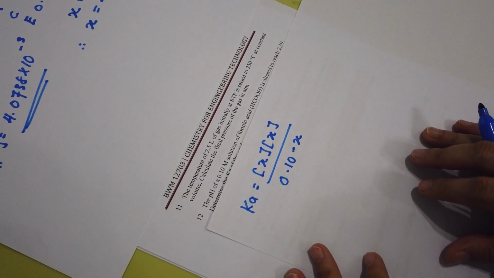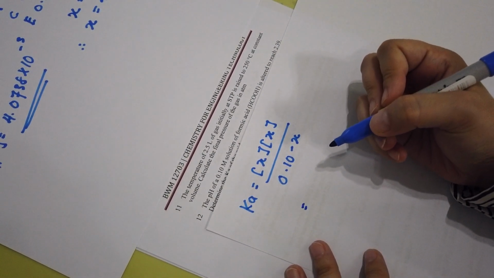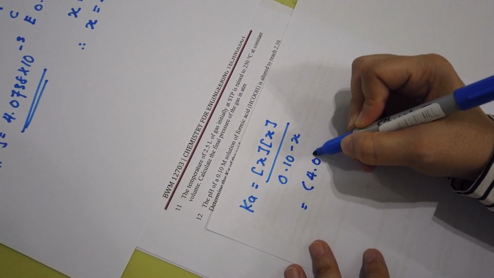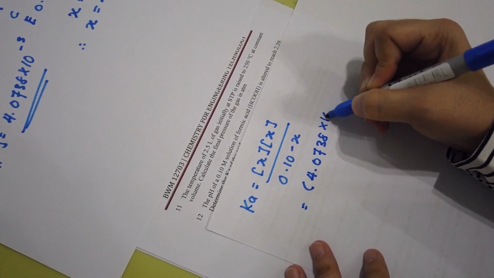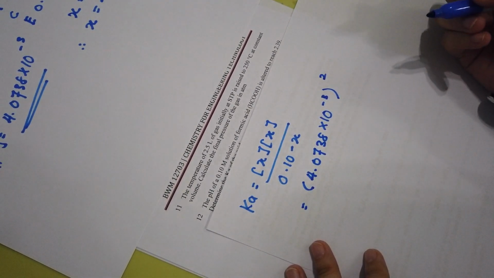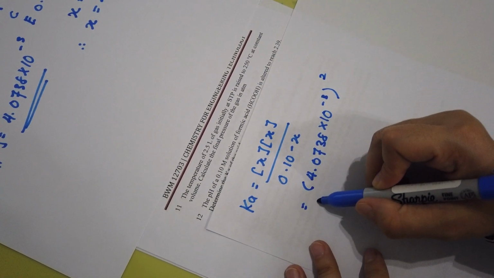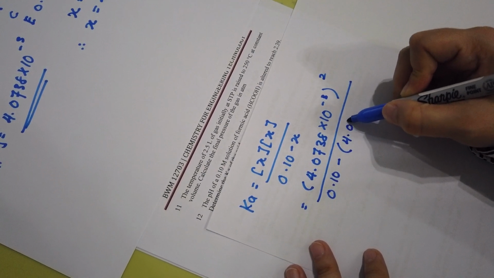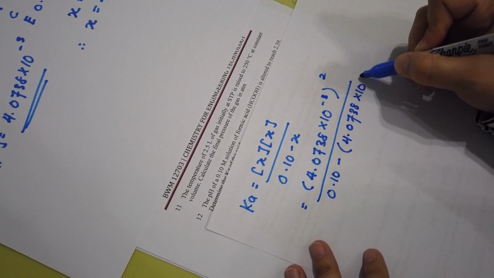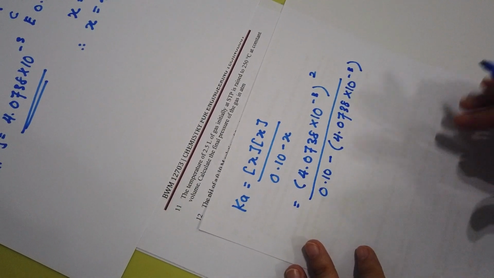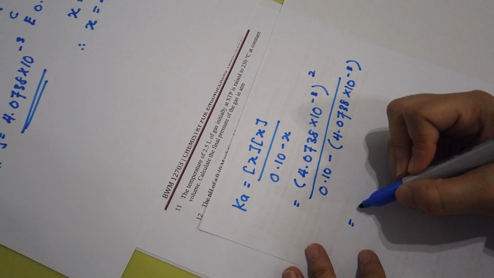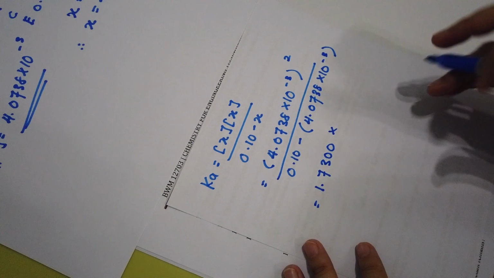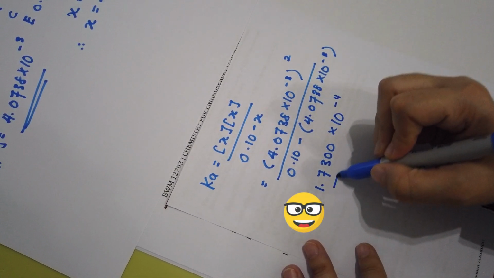Since you already know the value of X, just plug in 4.0738 times 10 to the power of negative 3 squared, divided by 0.10 minus 4.0738 times 10 to the power of negative 3. Supposedly, you should get 1.7300 times 10 to the power of negative 4.